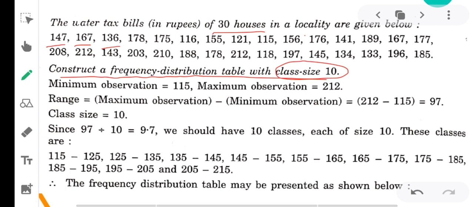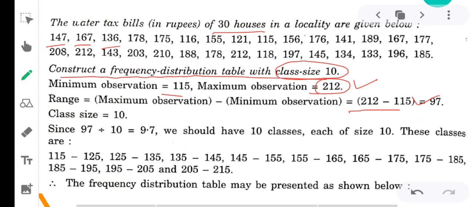Okay, so here the minimum observation is 115 and the maximum observation is 212. So the range will be the difference between the maximum value and the minimum value, that is 212 minus 115, that is 97. Clear up to this?